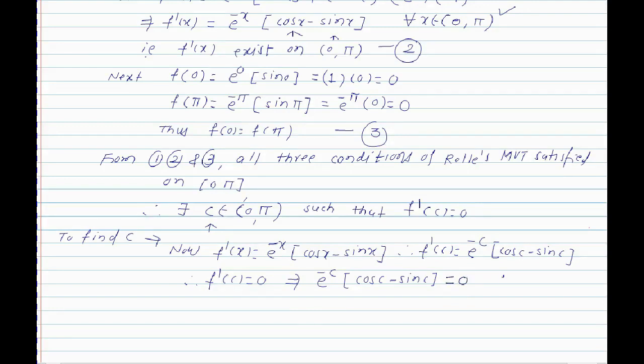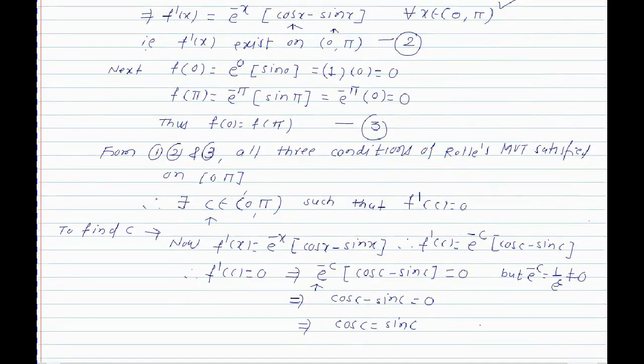But e to the power minus c means 1 upon e to the power c, and it is a non-zero quantity. Therefore this product is 0 means cos of c minus sin of c, this difference is 0, because the other term e to the power minus c is non-zero. So it implies that cos of c equal to sin of c.